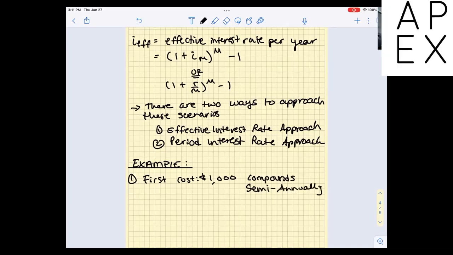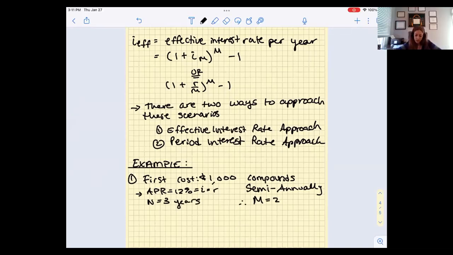Twice a year. So M would equal 2. They told me that my APR is 12%. So that is your I or your R when you're plugging things into the equation. They told me that my years is 3 years.